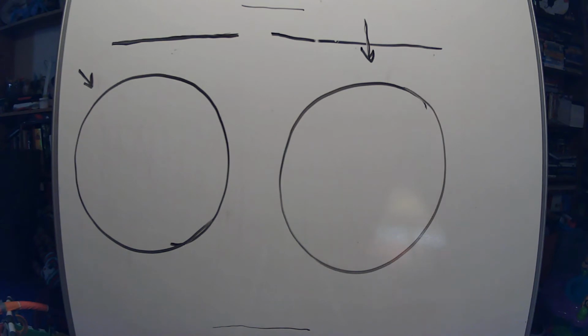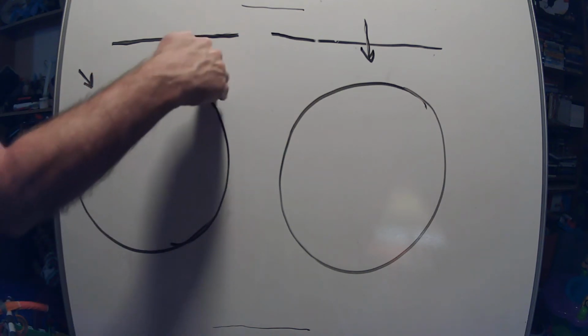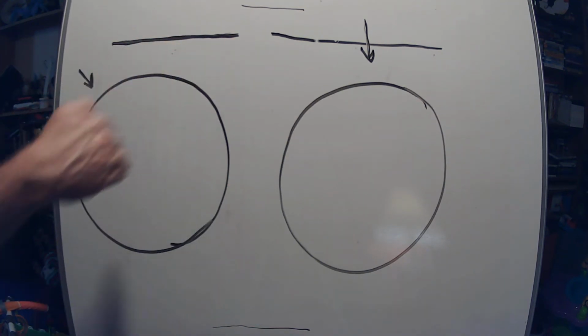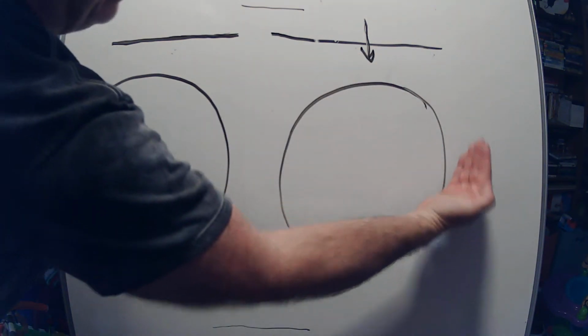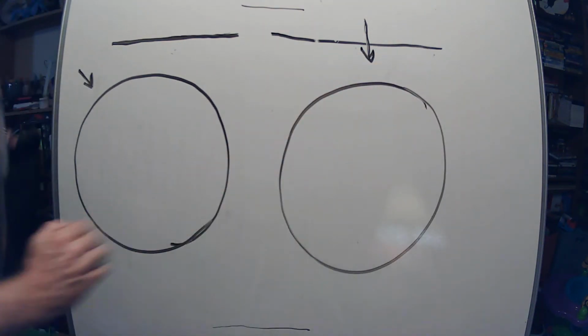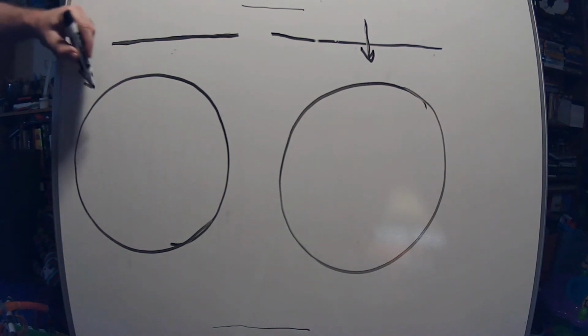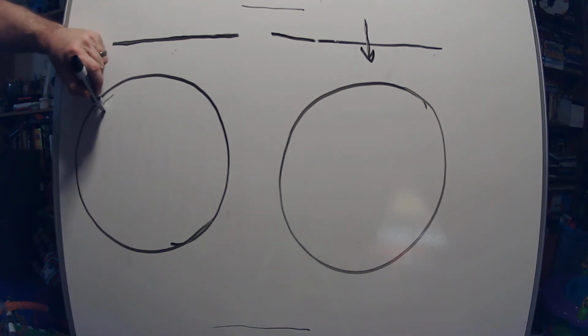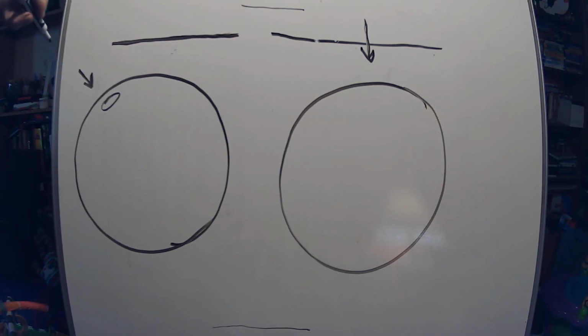The reason that spheres are so hard to shade is not only are they curving this direction, but they're also curving this direction. Same thing here. They're curving this direction and they're curving this direction. So when you put your white in place, it's actually an ellipse. And it goes right there because that's where the light's coming from.